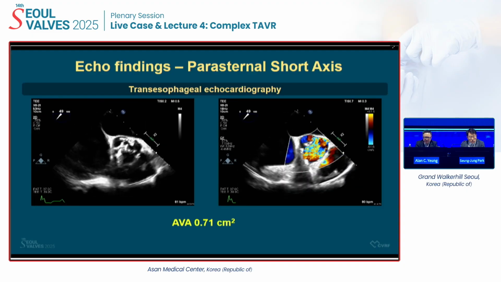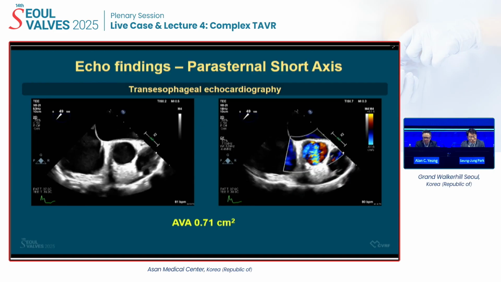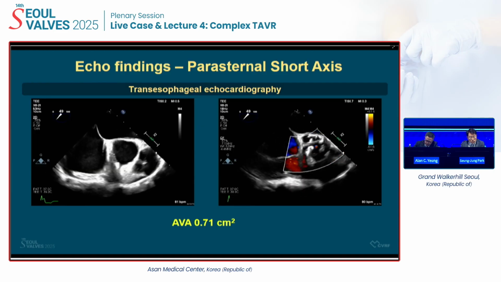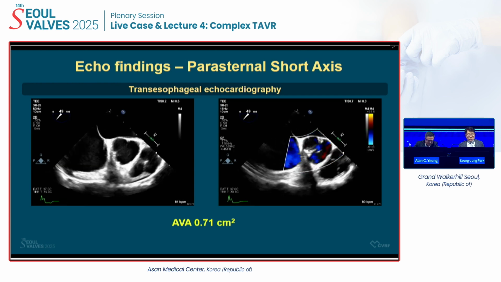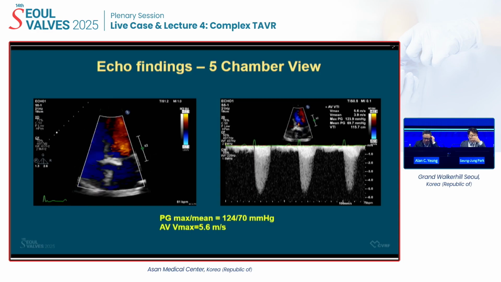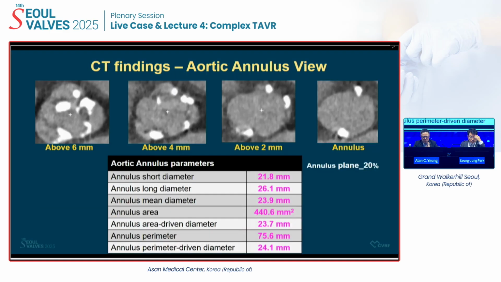On transesophageal echocardiography, restricted motion of a bicuspid aortic valve with flow acceleration was observed. In the apical four chamber view, a preserved LVEF of 65% was observed, with Vmax of 5.6 m/s and a mean pressure gradient of 70 mmHg.